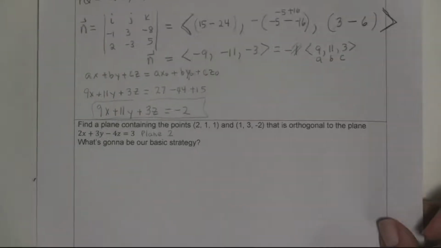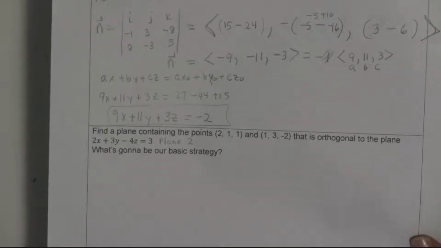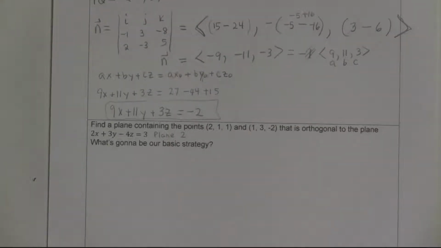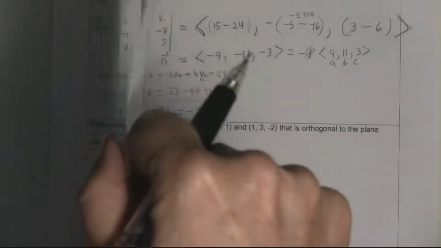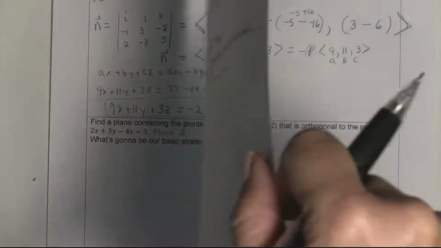And so pretend with me that this piece of paper is the plane that we're trying to come up with, plane 1. Then they're saying that there's a plane that comes and is meeting this plane orthogonally. So you can see this plane, right? And then it's meeting orthogonal to that plane right there.